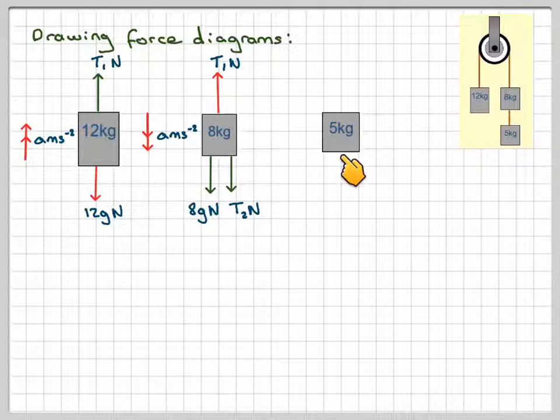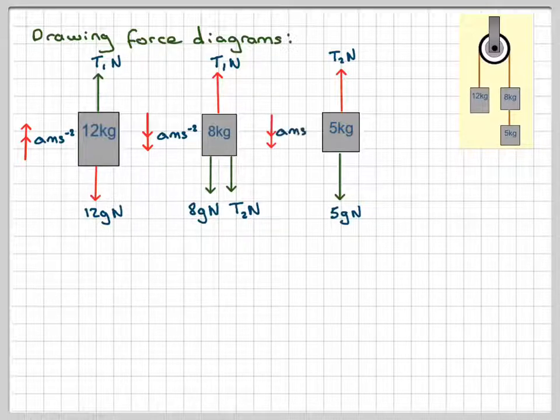Finally, we'll have the 5 kilogram mass with T2 newtons acting upwards, the tension in the string, and its weight 5g newtons acting downwards. Right, the acceleration for that one is also a meters per second squared acting downwards.